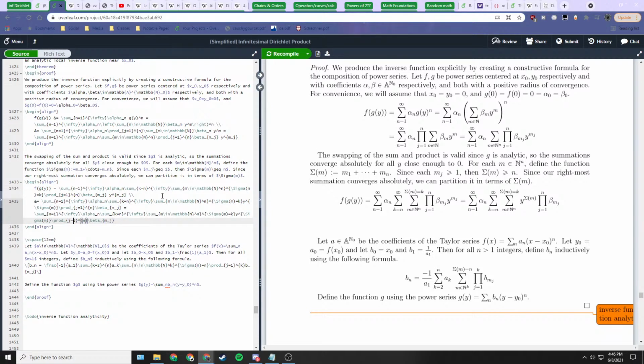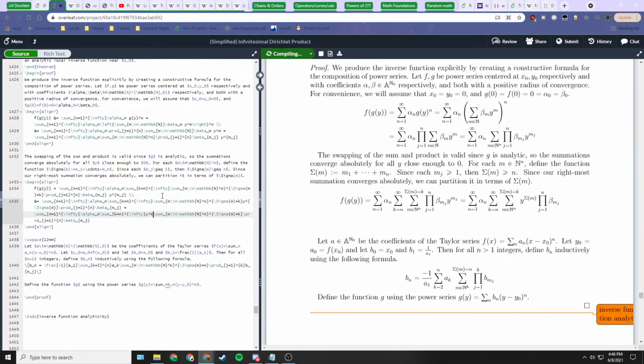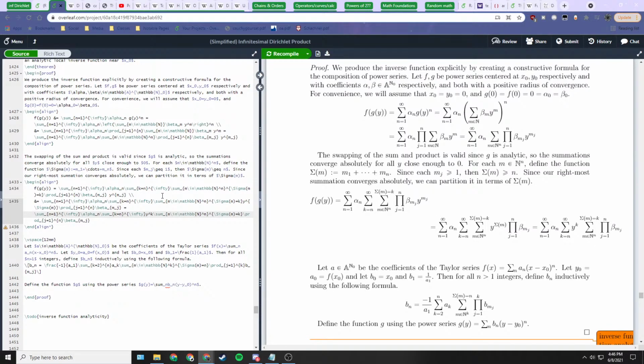And then this sigma m will just be k, and we pull this y to the power k all the way over to this k summation. Let me fix that.